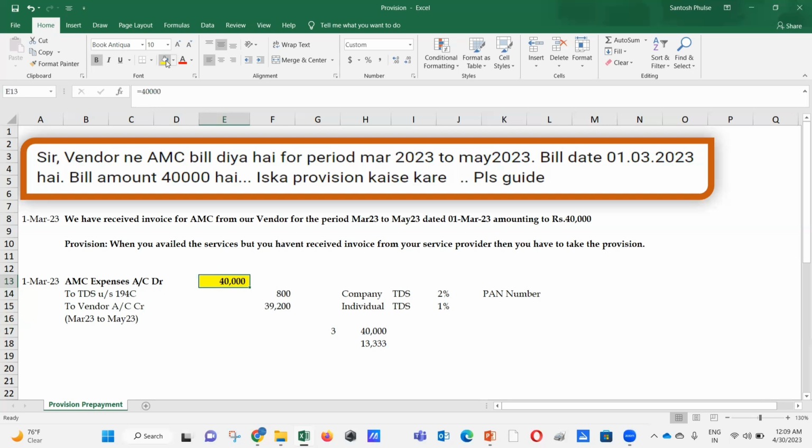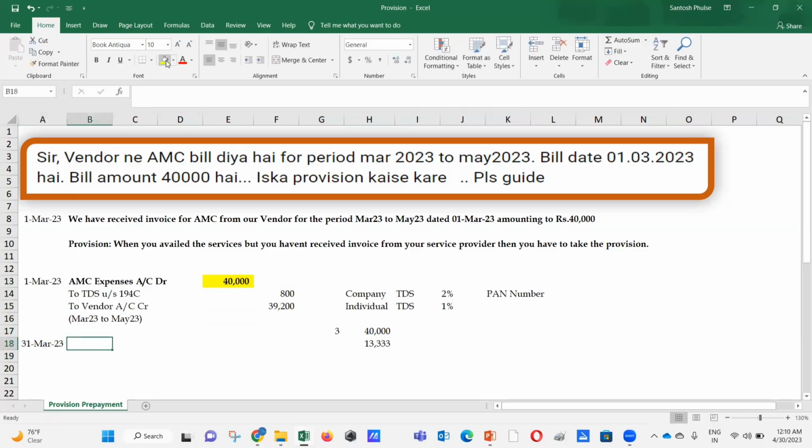Then where do we have to park it? We have to take it towards prepaid expenses. And the next entry is going to come into the picture as on 31st March 23. That's going to be your prepaid expenses account debit towards the balance sheet.